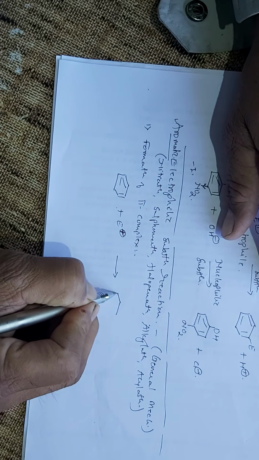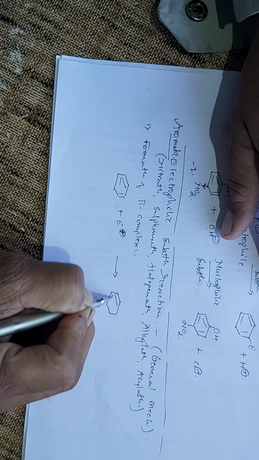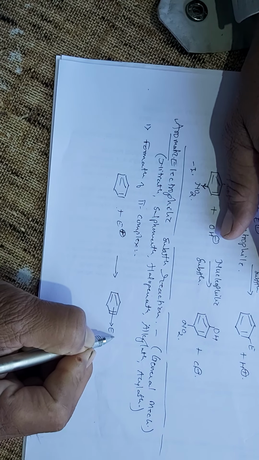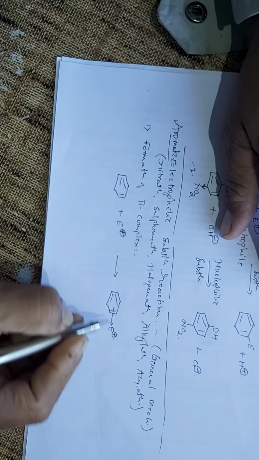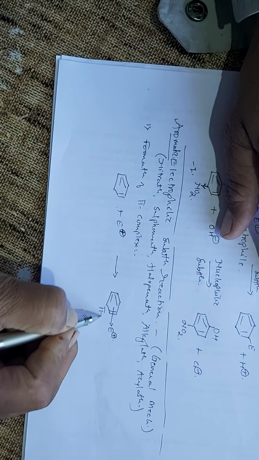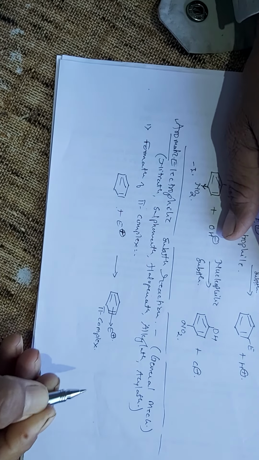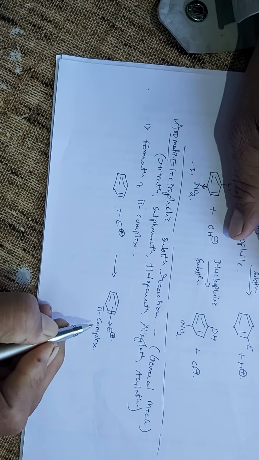This electrostatic attraction that takes place between the electrophile and the benzene ring is termed the formation of the pi complex, as they come in very close vicinity.